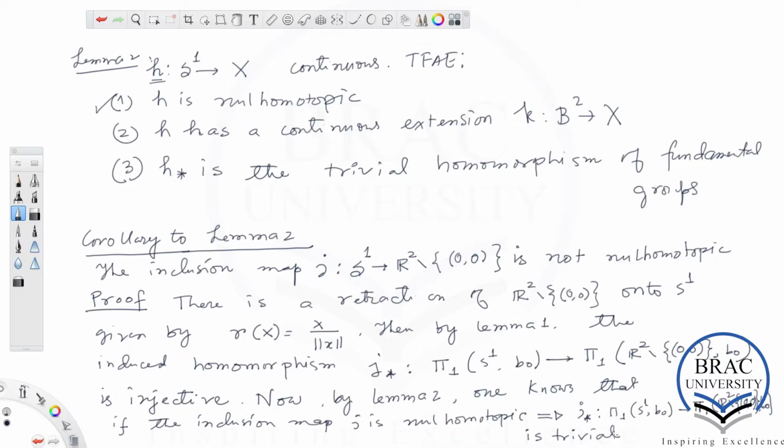So if the inclusion map J is null homotopic, then the induced homomorphism J star is going to be a trivial homomorphism.